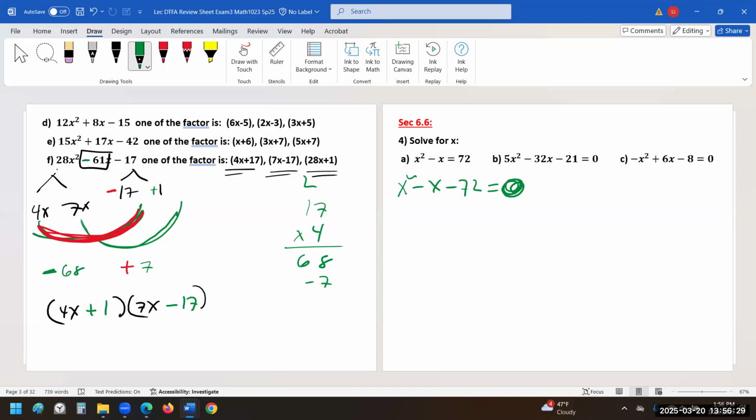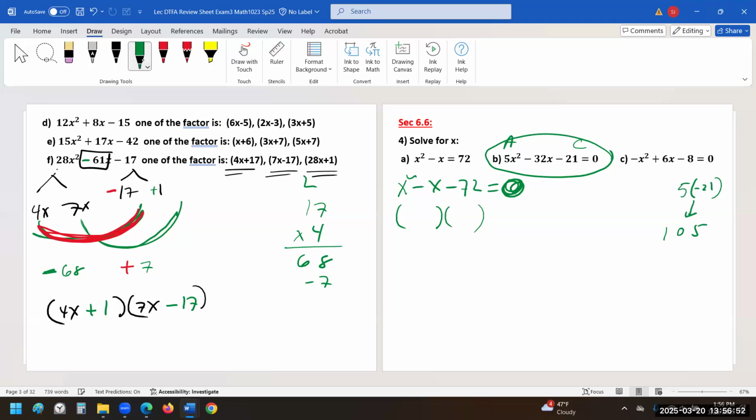But I'm not going to do this one because this is direct factoring, easy. I'm going to do B because we're going to use the AC method here. Let me refresh your memory with the AC method. You have your A and C. You multiply 5 and negative 21, and you get this big number, 105.